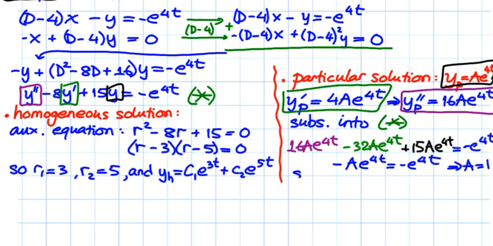So the particular solution is going to be, with a equal to 1, e to the 4t.